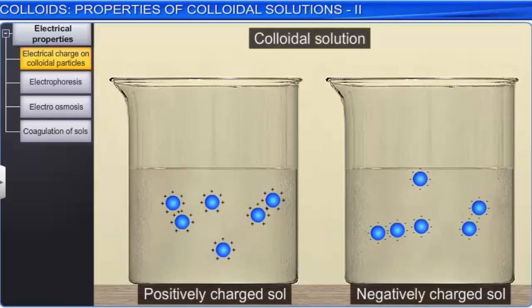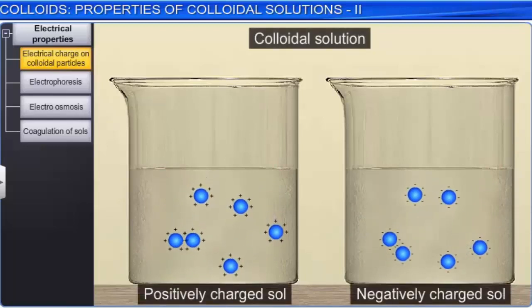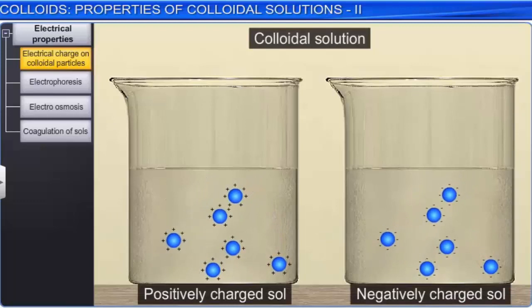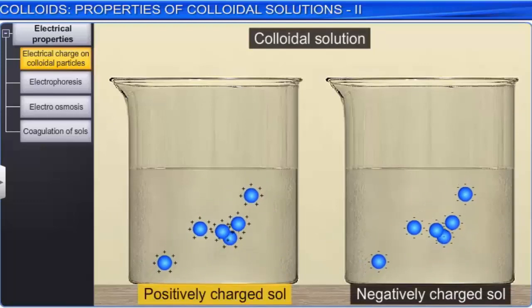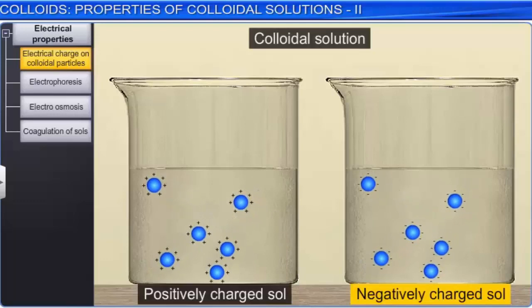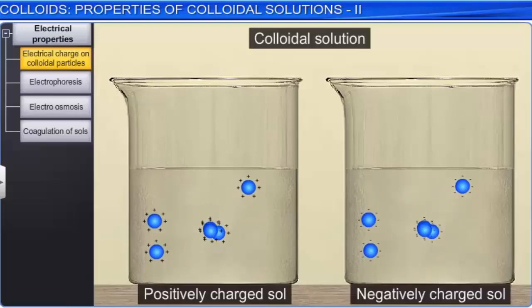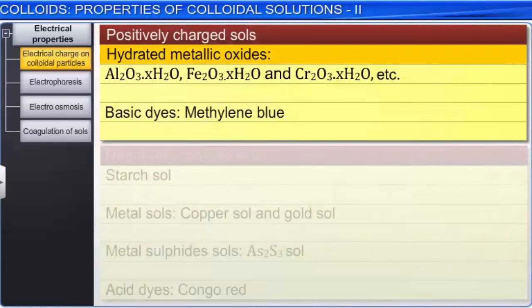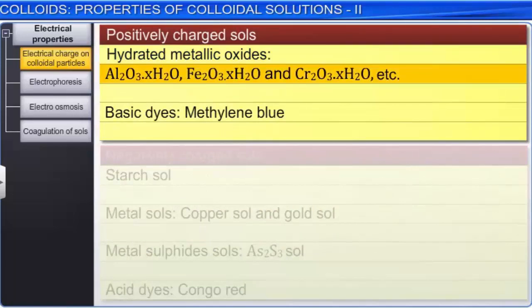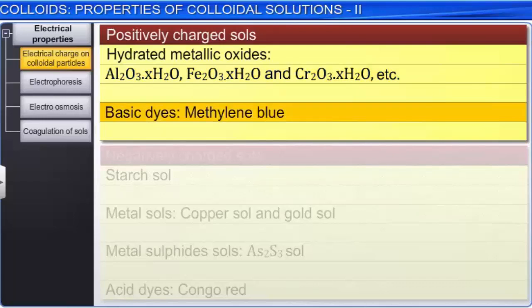Based on the nature of the charge on the colloidal particles, colloidal solutions are classified as positively charged or negatively charged sols. Hydrated metallic oxides like Al2O3, Fe2O3, and Cr2O3, and basic dyes like methylene blue form positively charged sols.